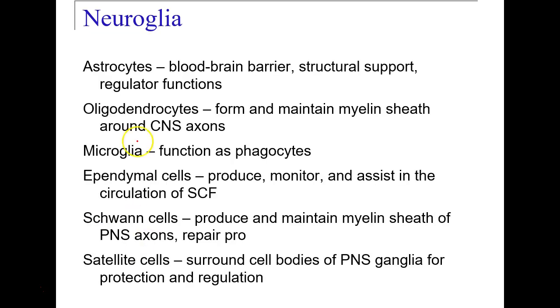So their main functions will be seen here. Astrocytes, blood-brain barrier, deciding what material can make it through to the nervous tissue of the brain. Structural support, and we regulate functions.